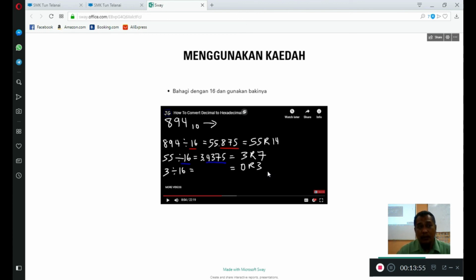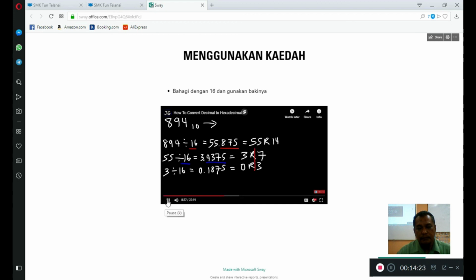Terus ambil jawapan dia. 3 over 16, you'll get 0.1875. R ni maksudnya remainder ya. And so here you have a 0, and then 0.1875 is going to be 3. So that's a remainder of 3. If you do 0.1875 times 16, that will give you 3.